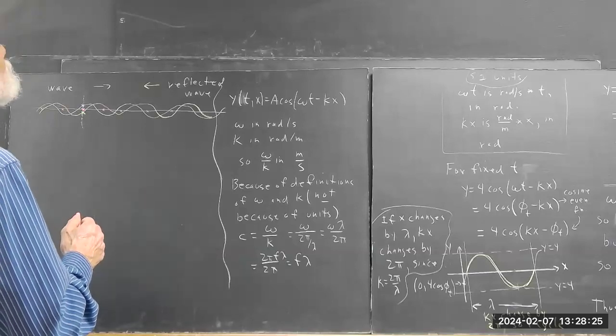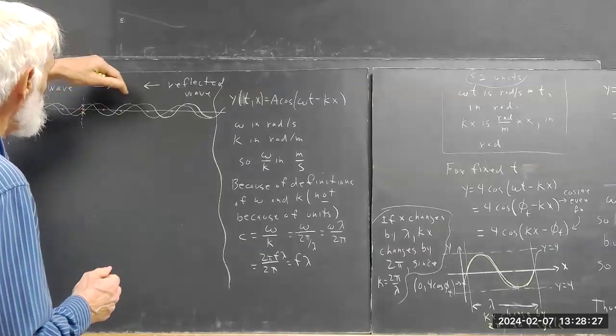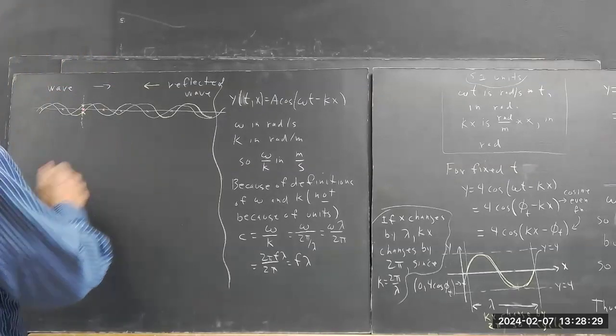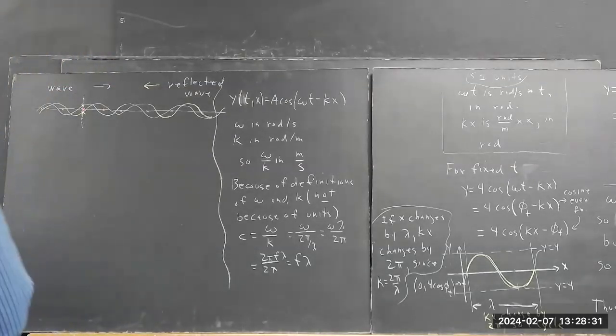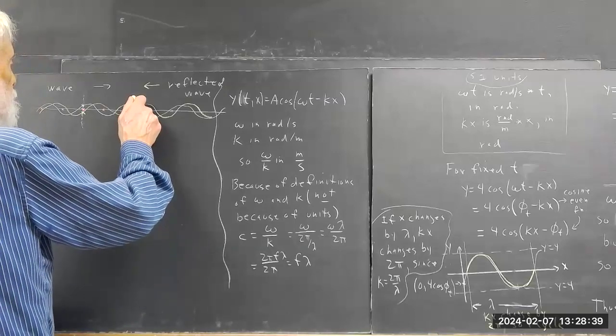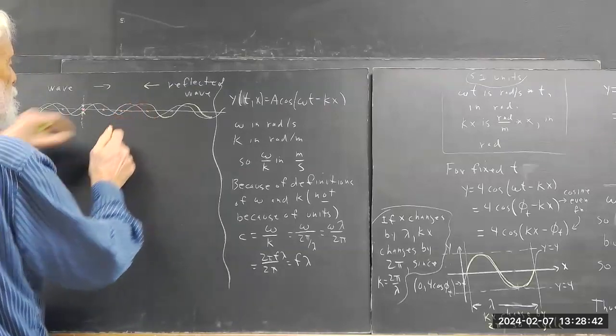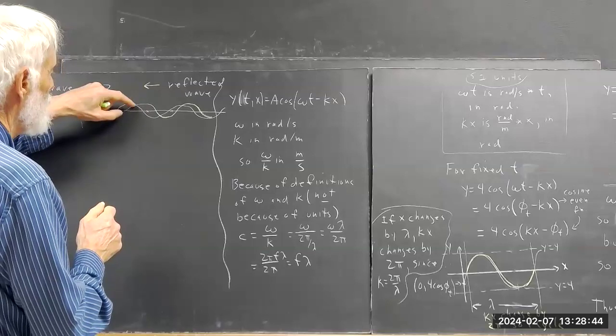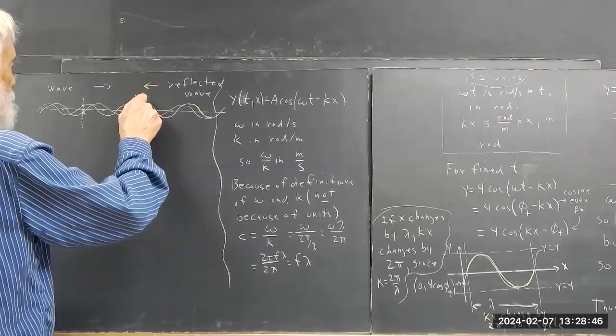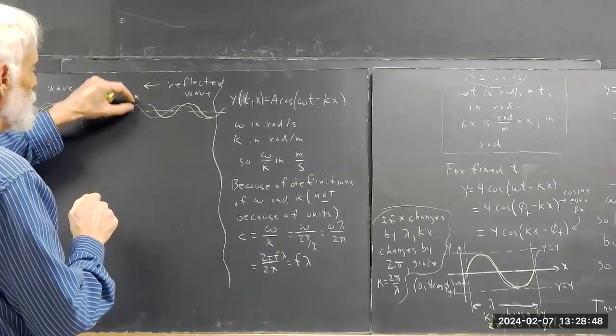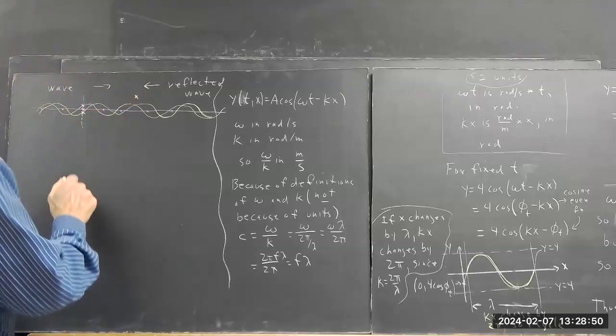Now, at some point, these two are going to give you a maximum, maybe about here, when we add the two where they're equal. Maybe that's not the point, but it's going to be twice as high as either of them.